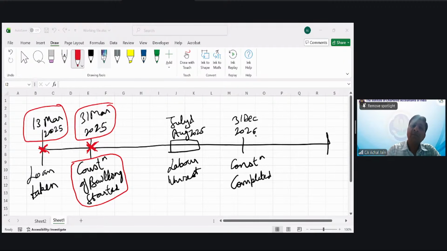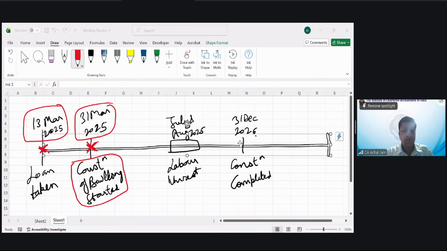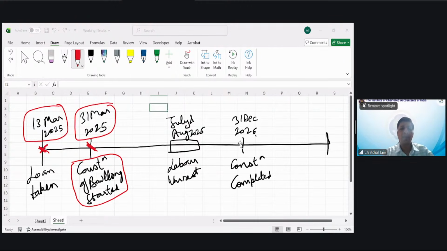Okay. Now, let's suppose the construction got completed on 31st of December, but the loan is not yet paid.